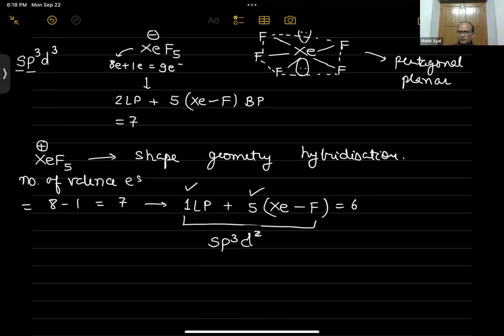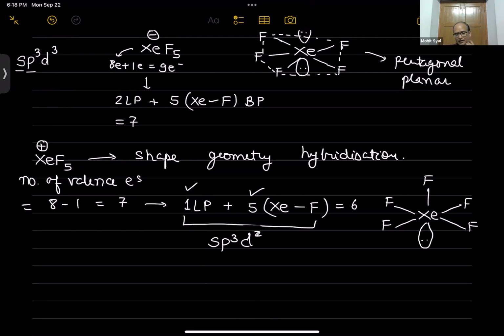And what is going to be the shape? Ideal shape of steric number 6 is octahedral. But now out of octahedral, there are only 5 bonds, and there is 1 lone pair.